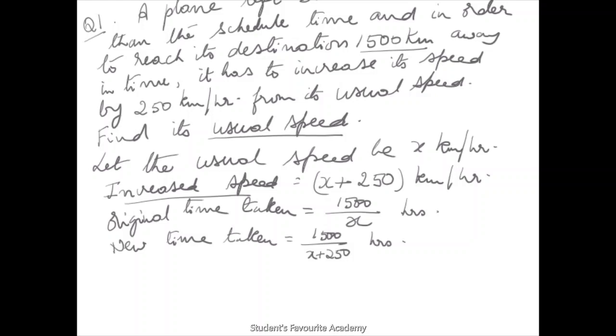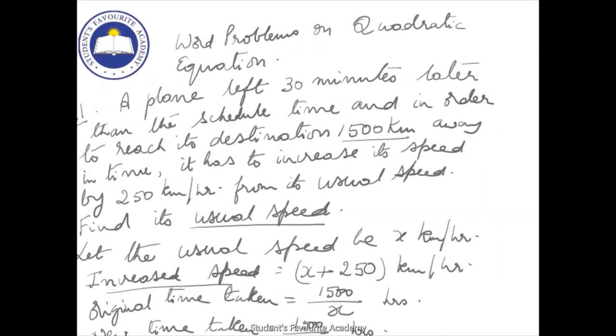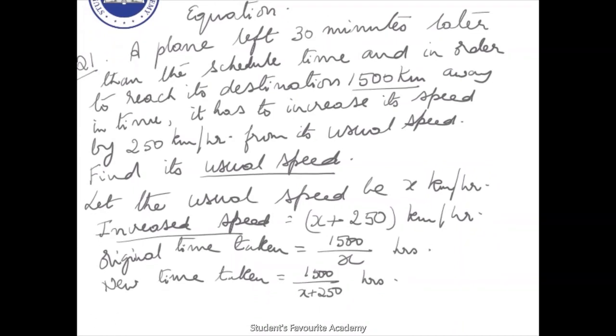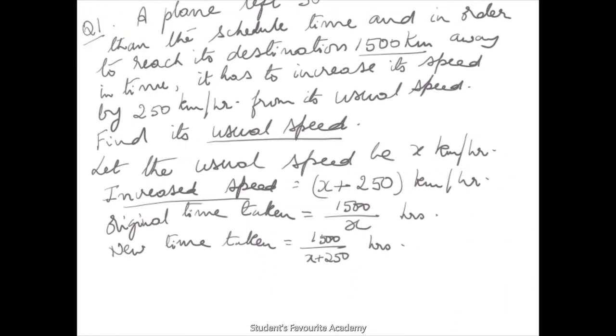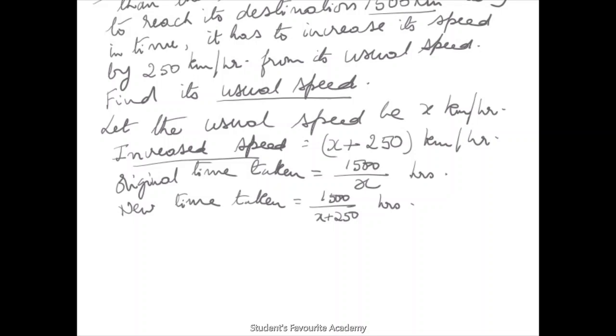Now the difference between these two will be 30 minutes. Why? Because it started 30 minutes later than the scheduled time, but it made up the time, so it reached on time. Do you understand? So the difference of these two times will be 30 minutes or half an hour.